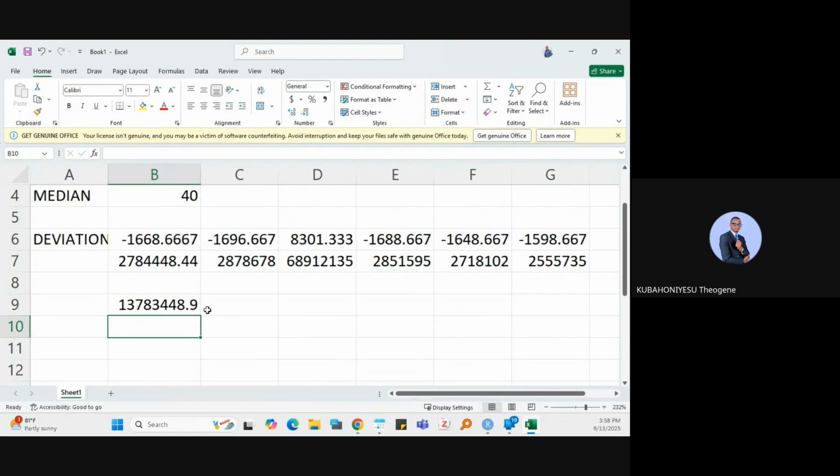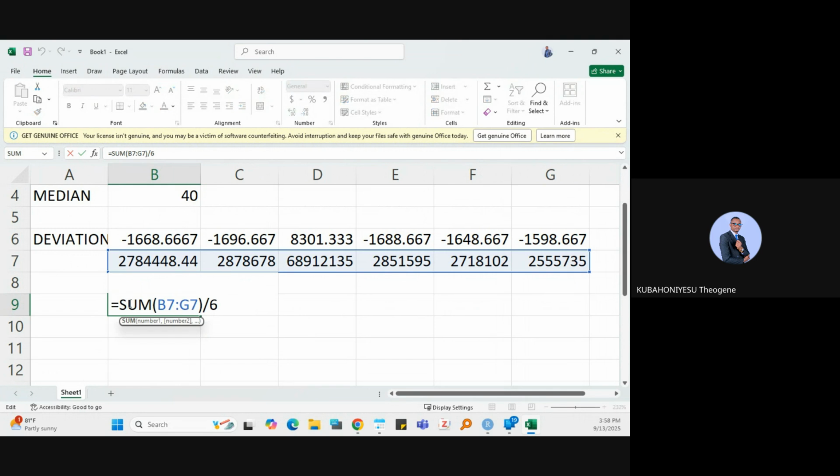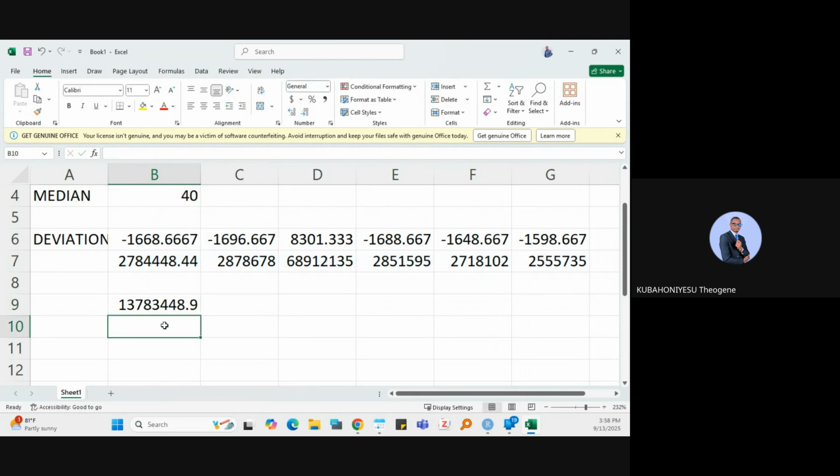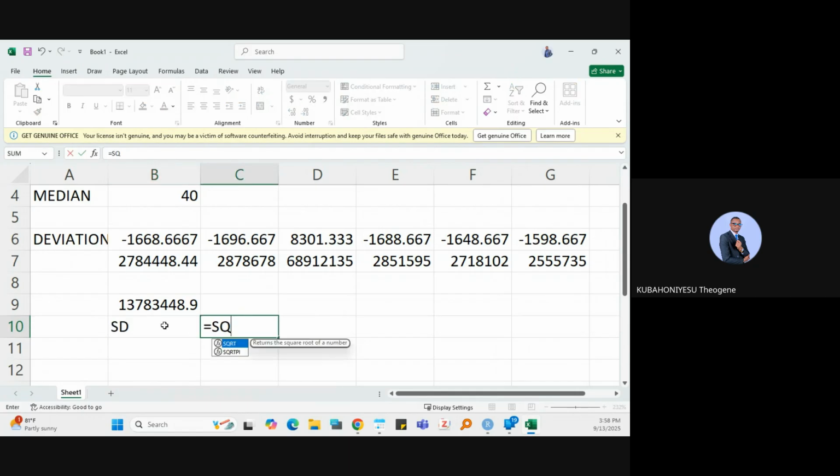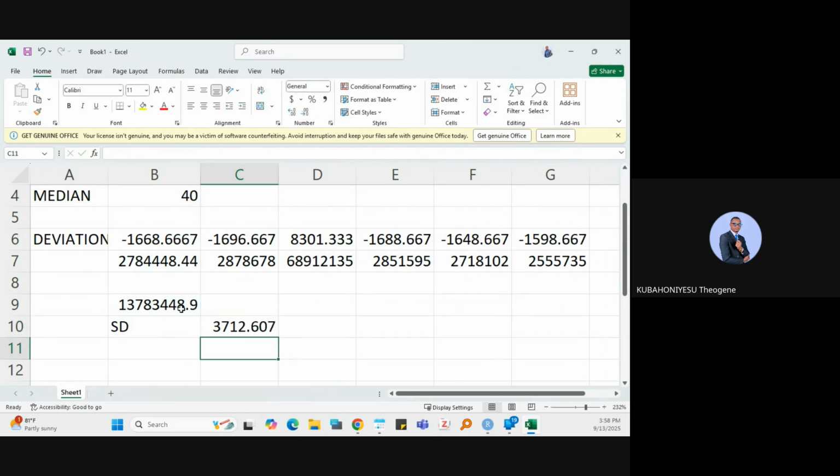That's very huge. That is the variance. Oh, sorry, this is not the standard deviation. The standard deviation is the square root. So then we have the sum, and to find the standard deviation, we take the square root of this. Okay, this is now our standard deviation, 3000 something.